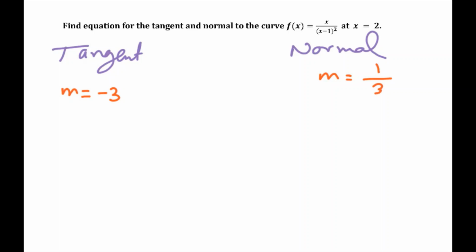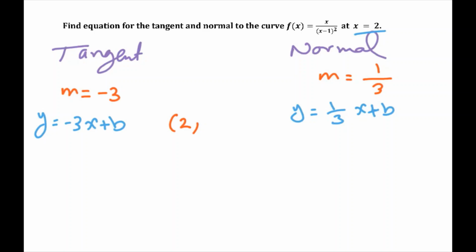Now the equation, y equal negative 3x plus b, y equal 1/3 x plus b. Now we know x is 2, so we are going to substitute x by 2. What about y? Well, for y, you can find f of 2. 2 over 2 minus 1 squared, that's going to be also 2.